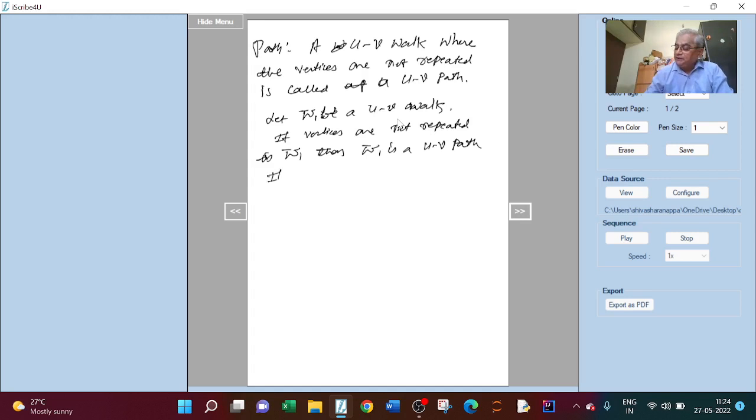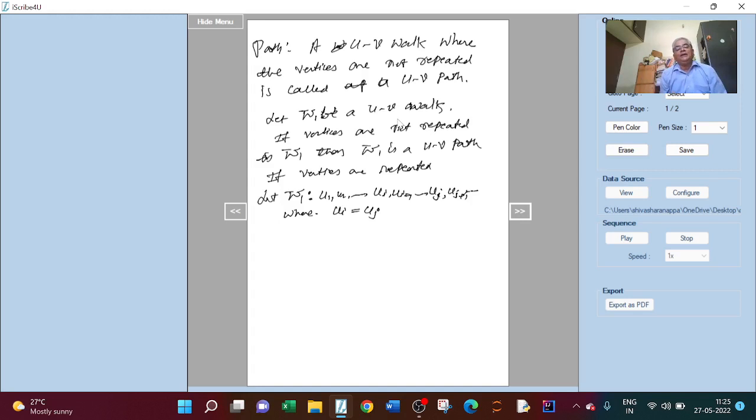Now, if vertices are repeated, let me write W1 as U1, U2, ..., UI, ..., UJ, UJ plus 1 and so on, where UI is equal to UJ, so UI is repeated.